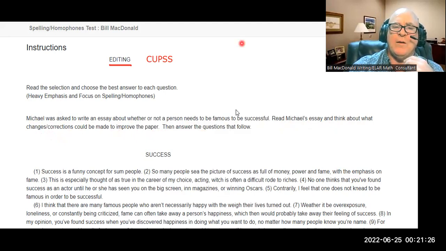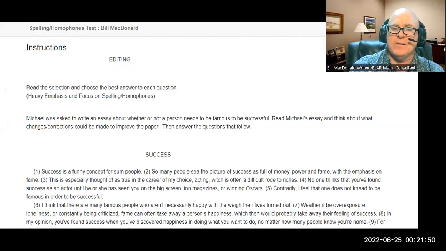So what I'm showing you here is whenever it says the word change or changes or corrections, that's another clue that it's going to be CUPS with 2 S's. The second S is the sentence boundaries with run-ons or fragments. Okay, so keep that in mind.